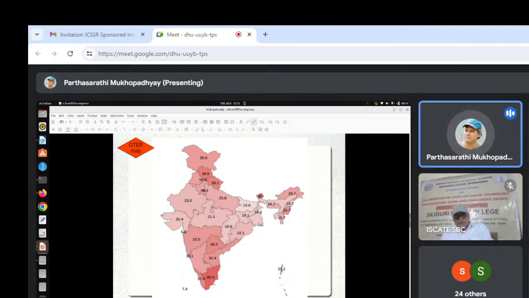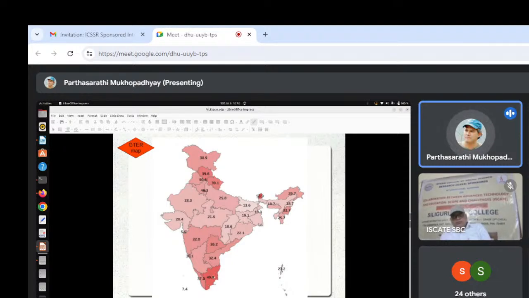And this higher GER is paying Tamil Nadu in a different way. You go through the last few NIRF rankings, of the top 100 universities, 26 to 28 universities come from Tamil Nadu alone, because they have the highest GER.